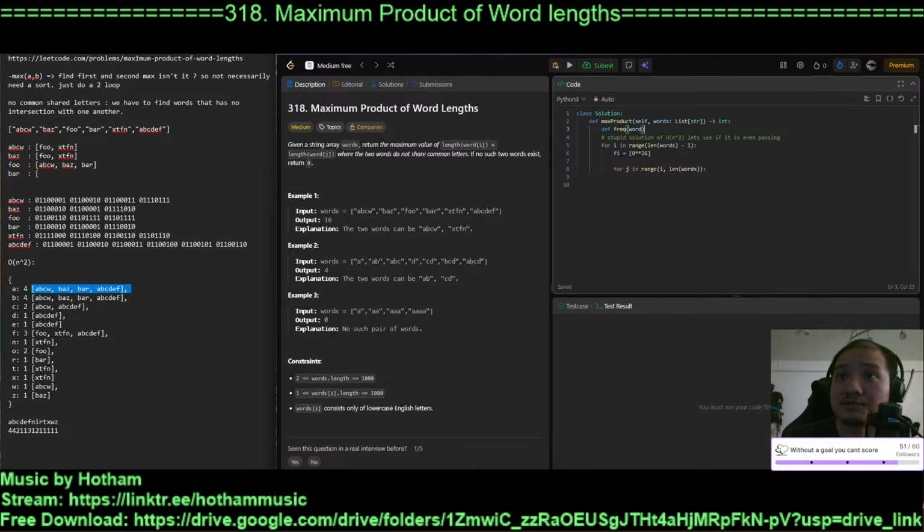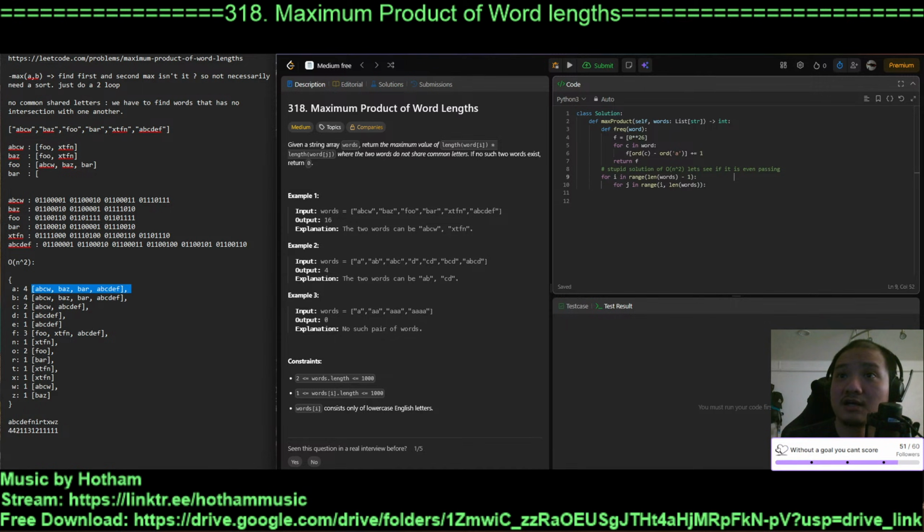Given a word, you want to return a frequency, right? And then for c in word, basically f of ordinal of c minus ordinal of a, right? Plus equal 1, right? Basically, and then we return f, right?